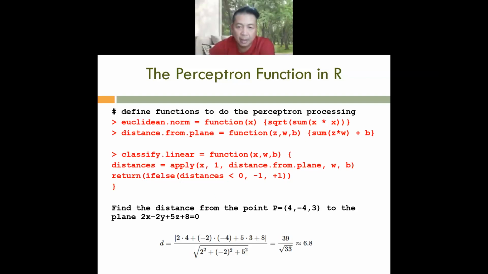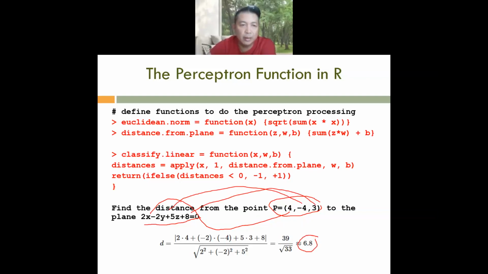Basically, we are looking at the distance from that particular point to the line, the plane that we have. So for the distance, we just put that particular value inside here, y, then z, and the distance will be this.